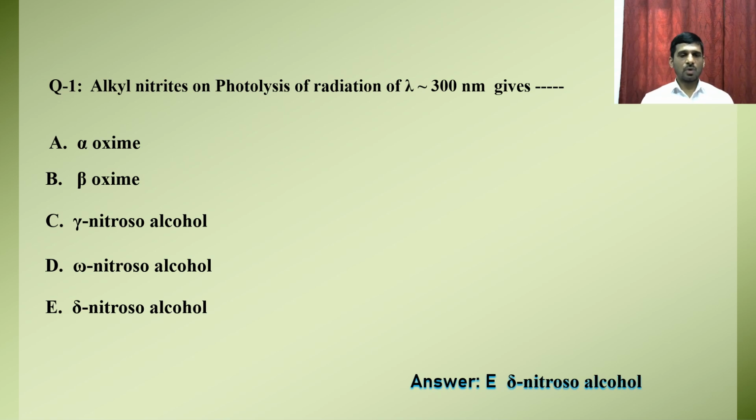Okay, what is the final product of Barton reaction? Alkyl nitrites on photolysis give delta nitroso alcohol. So the correct option is option E, that is delta nitroso alcohol. Let's move to the next question.